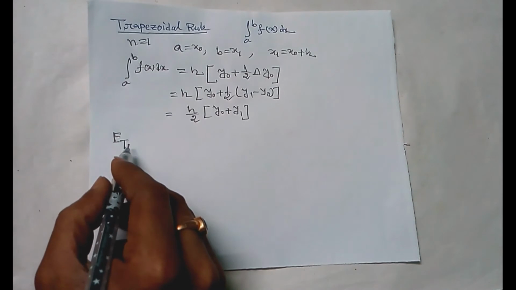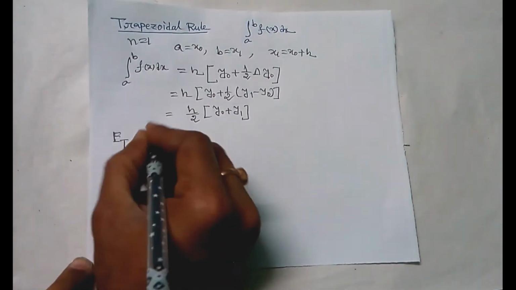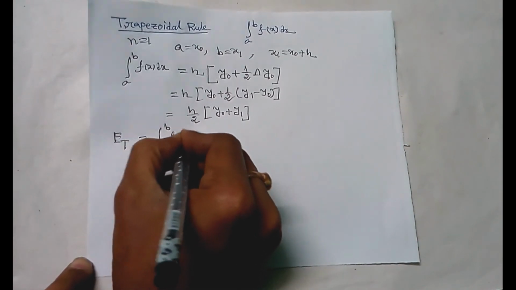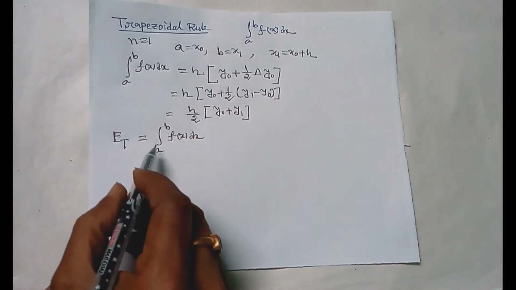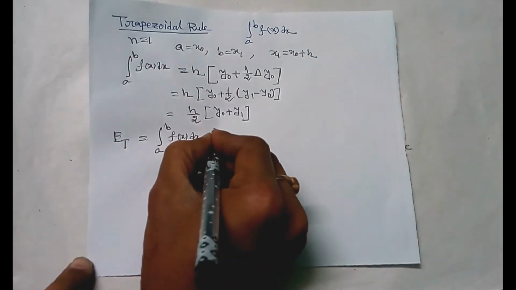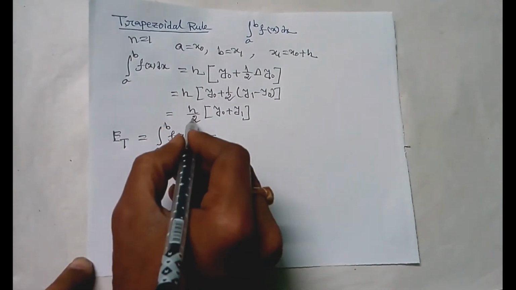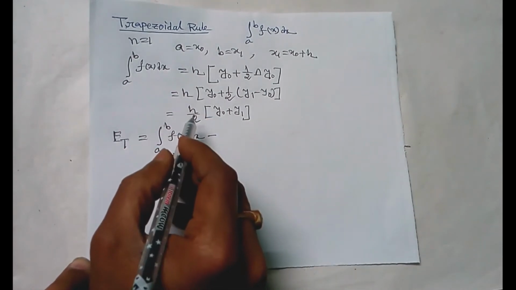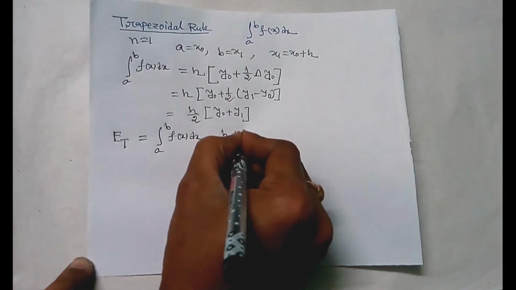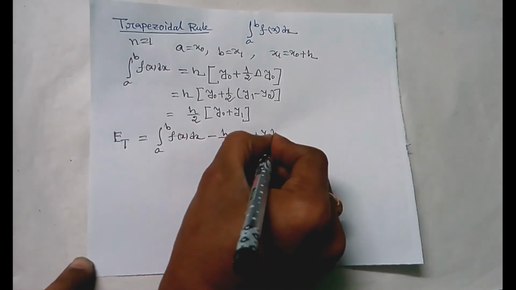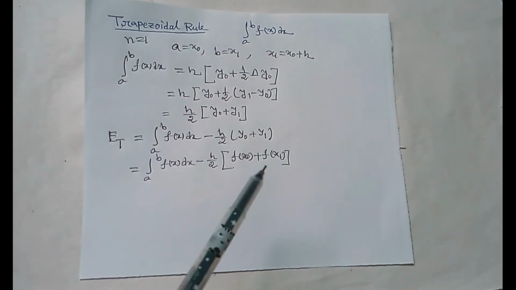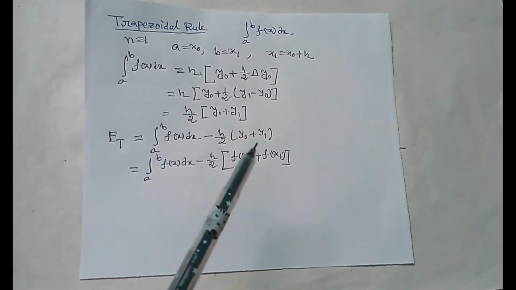So by the formula, this is equal to the true value of the integral, a to b f(x) dx, minus the approximate value. We have approximated the integral by this, h by 2 into y0 plus y1. Now we replace f(x0) and f(x1) in place of y0 and y1.